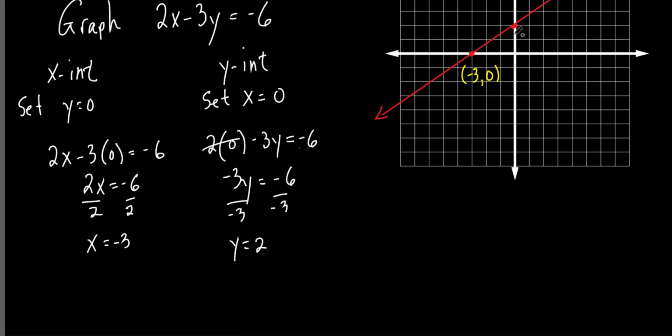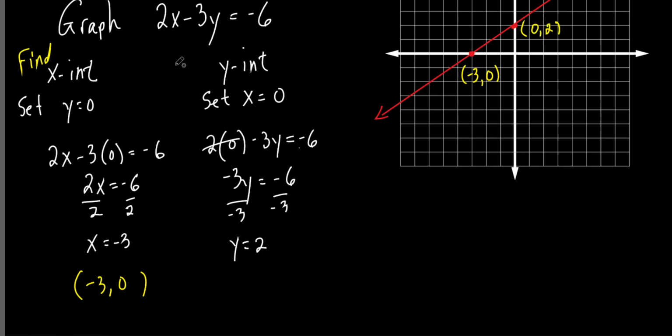So if I asked you not to graph it, but I said, find the x-intercept, how would you write your answer? You wouldn't just write x equals negative 3. How would you write your answer? You got it. That's exactly right. Okay, everybody see that? What's this point right here? 0, 2, good.